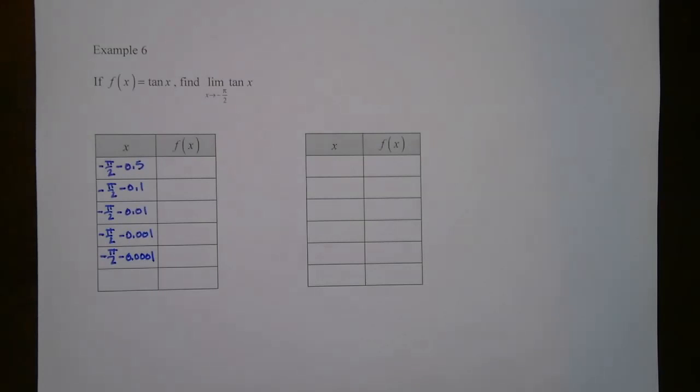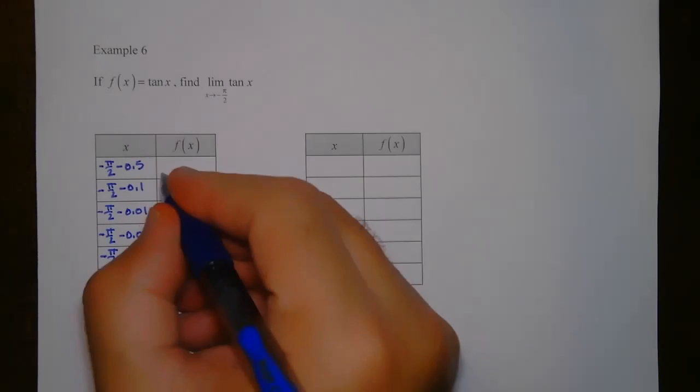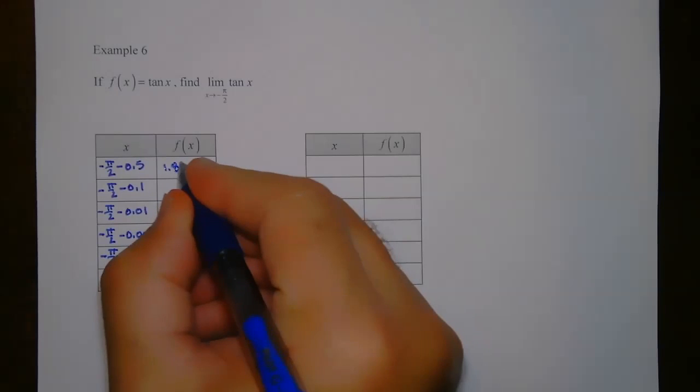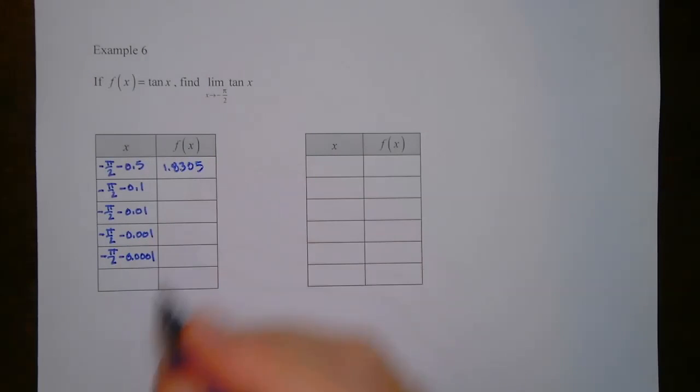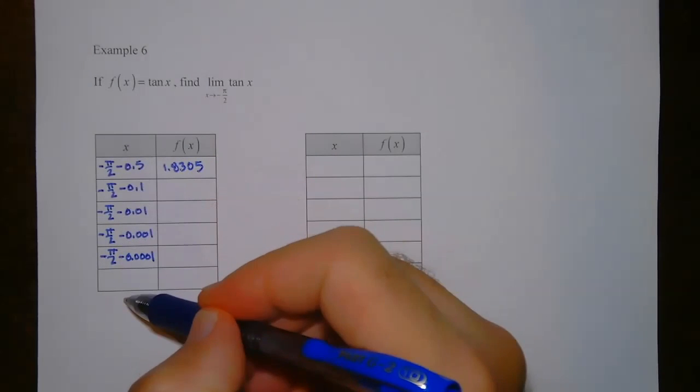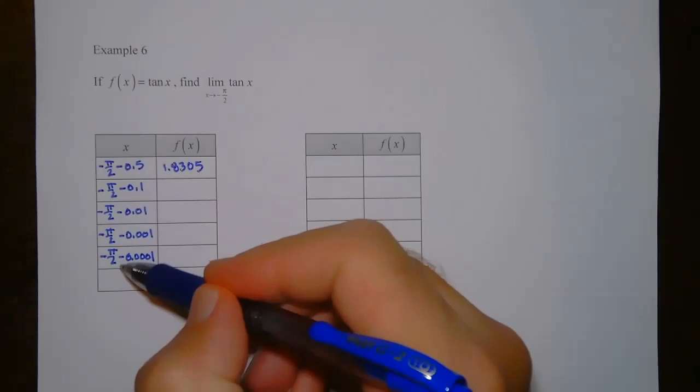Okay, so I'm going to type in -pi/2. You have to put in pi/2, and then minus 0.5. And you need to make sure, again, that you're in radians, okay? And you get 1.8305. What's important here is x is getting closer and closer to -pi/2 from the left-hand side.